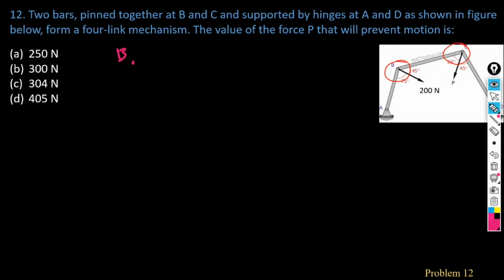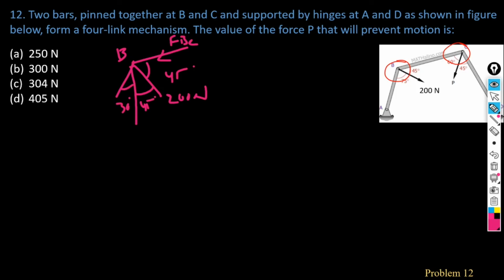Then this is the force from linkage FAB, and this is the force from linkage FBC. This is the applied force, 200 newtons, and the angle between the applied force and FBC is equal to 45 degrees, this angle is also 45 degrees, and this angle is 30 degrees.